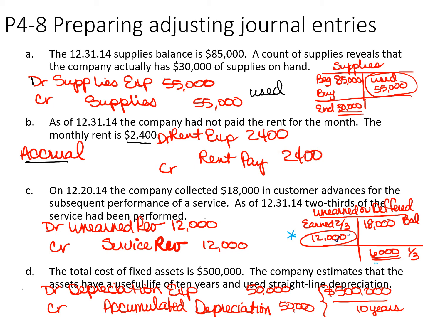That means we still have $6,000 still unearned, still in the liability account. And in D, debit depreciation expense, credit accumulated depreciation. Since it's straight line 10 years, we'll take the cost of the fixed asset, $500,000, divide by 10 years, so it's $50,000 a year. Let's do some more.